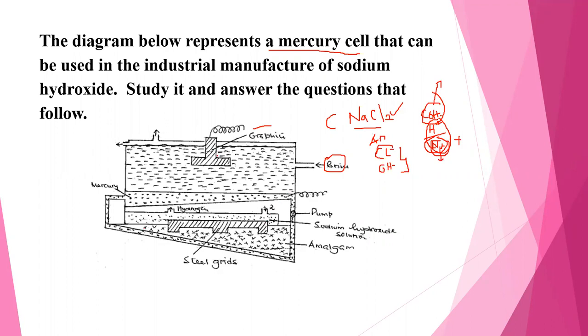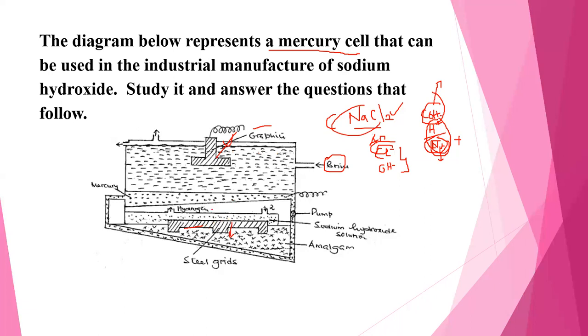So that is why, if you check here, the anode is made up of graphite, where we know that chlorine will be attached, the chloride ion. Then here, the cathode is made up of mercury, where the sodium ion will be attracted.